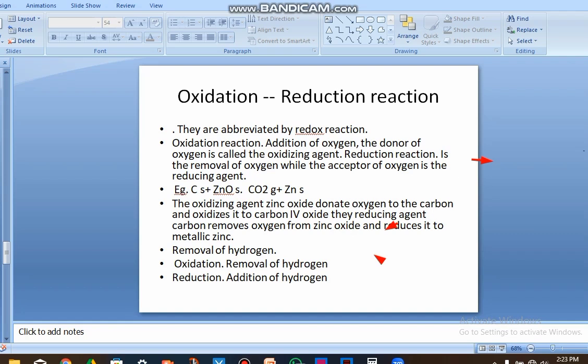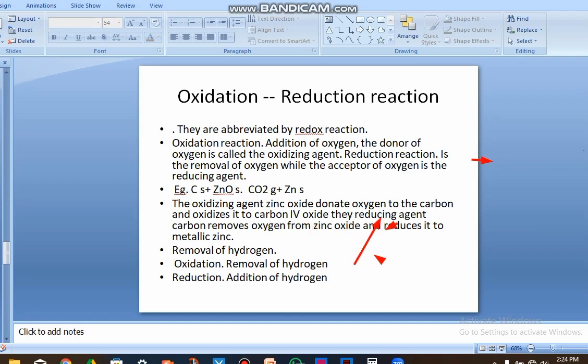Okay, so let's continue. Under the definition again, the oxidizing agent zinc oxide donates oxygen to the carbon and oxidizes it to carbon 4 oxide.